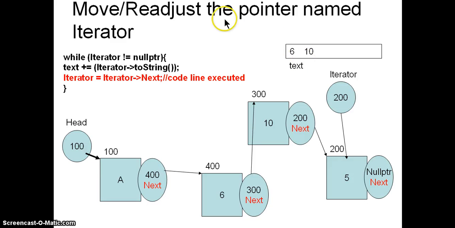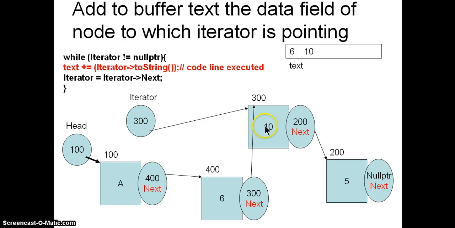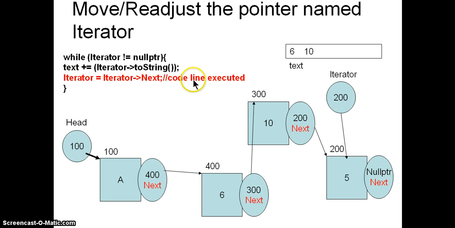And then we move and readjust the pointer named iterator. So basically, as you saw, iterator arrow next, the next field of the node where iterator is pointing to, stores 200, and when I execute this statement, that 200 is copied into the iterator, which really means that iterator should point to this node whose address is 200. Okay, and notice in the process 6 and 10 got added to the buffer.